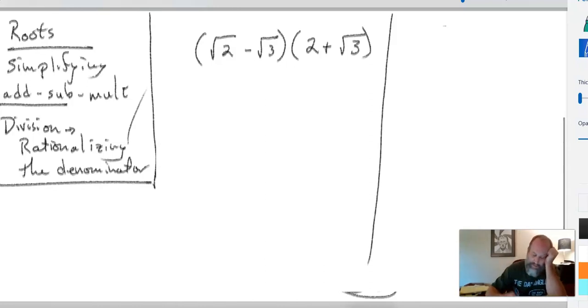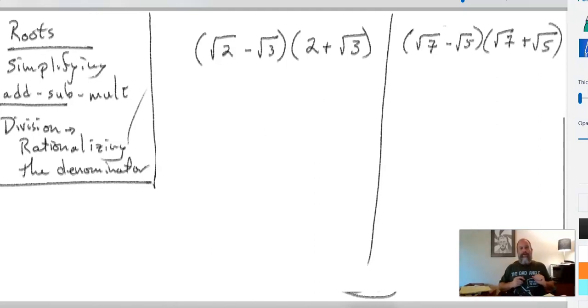And then the other one we'll play with is the square root of 7 minus the square root of 5 times square root of 7 plus the square root of 5. Okay, so go ahead and pause.